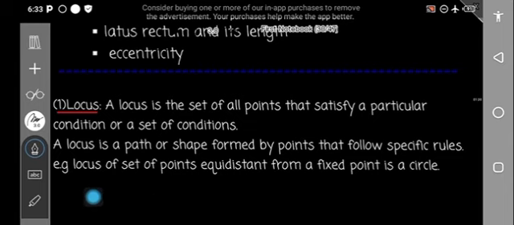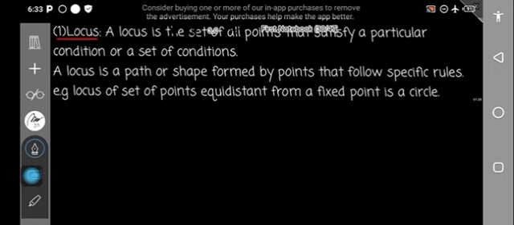Now, I'm going to use this example to illustrate what locus is. According to the example, the locus of a set of points equidistant from a fixed point is a circle.